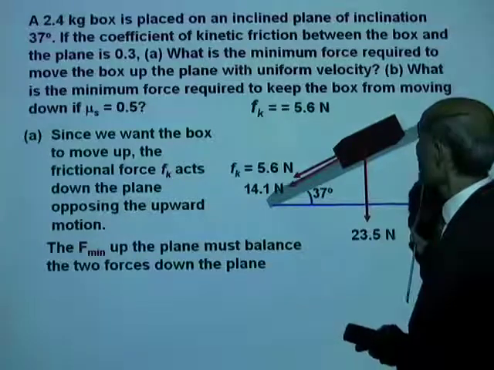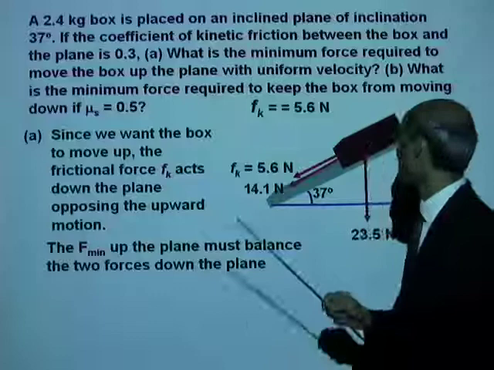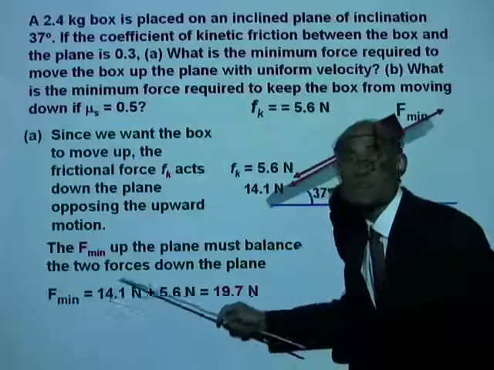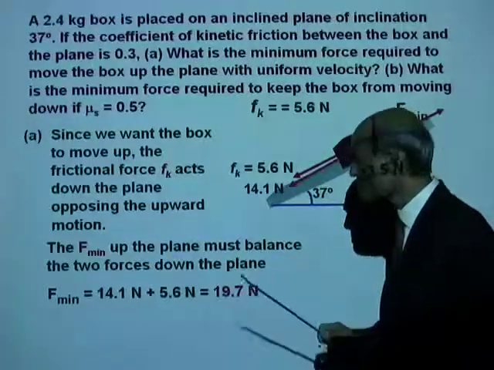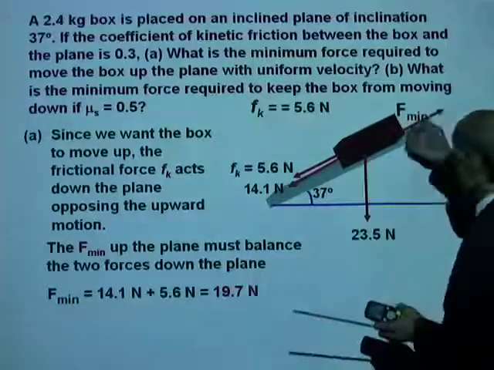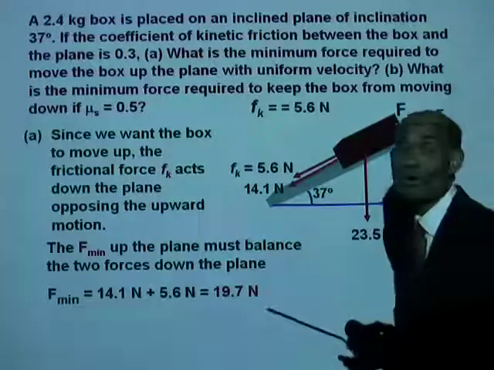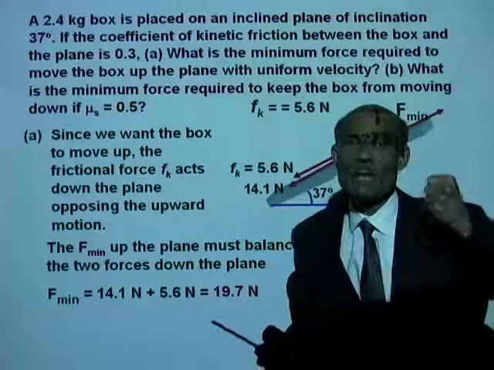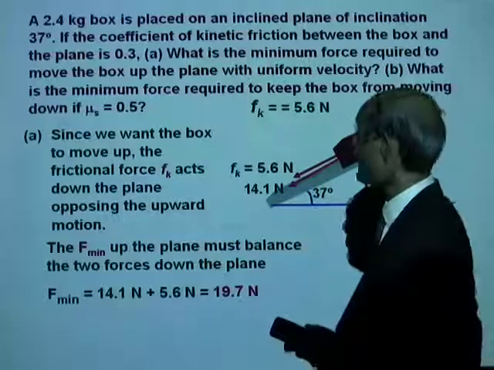The minimum force must therefore balance these two downward forces. So F minimum must be equal to 14.1 Newton plus 5.6 Newton, that is 19.7 Newton. A force of 19.7 Newton applied upward will make the box move uniformly without an acceleration. There is no net force on the box at that time.